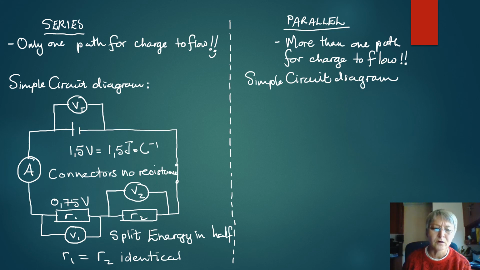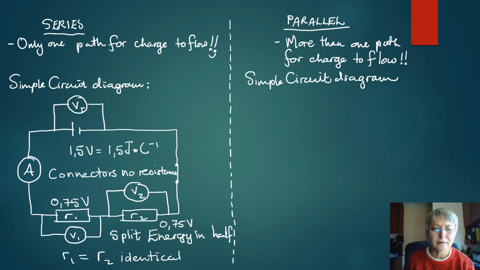And the other half of the energy would be used to push the charge through resistor 2, so 0.75 volts would be used to push the charge through resistor 2.